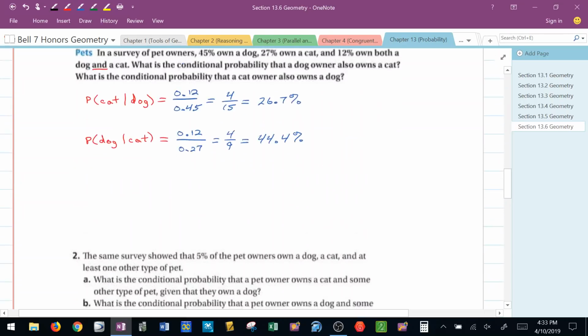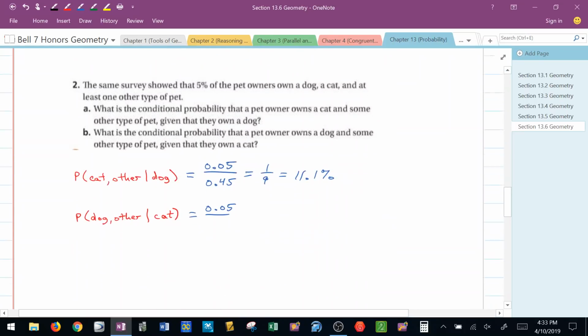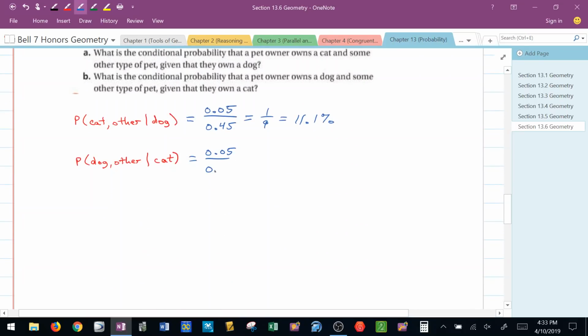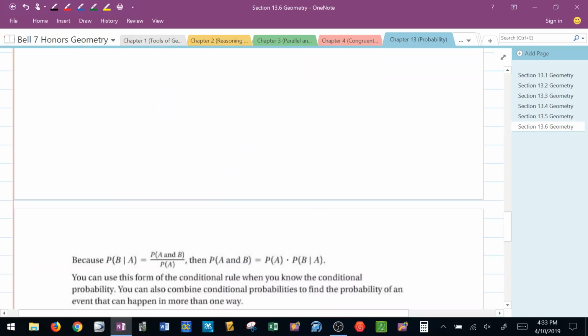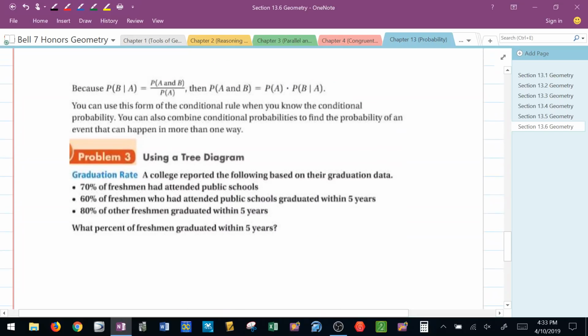And the probability that I am a cat owner would be 27%, or 0.27. This would simplify to 5 over 27, or as a decimal, I get 18.5%.